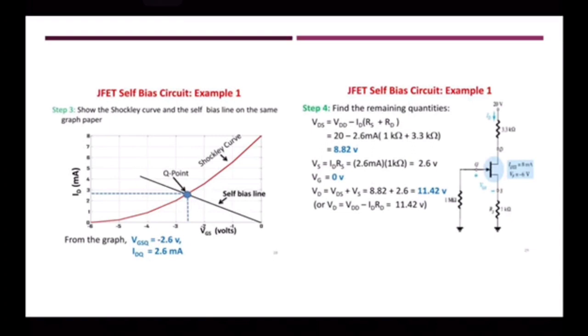VG will remain 0 volt, and for VD, we use VDS plus VS, 8.82 plus 2.6, and get 11.42 volt.